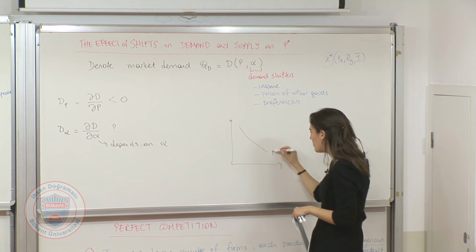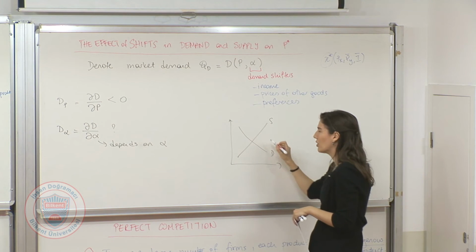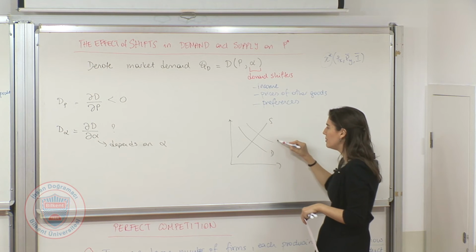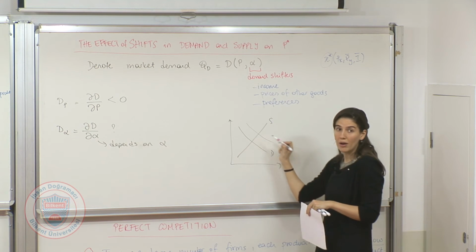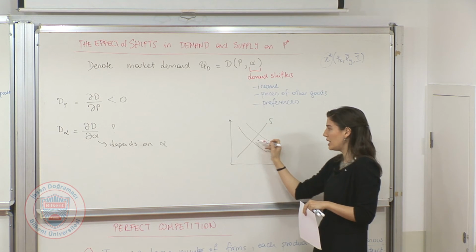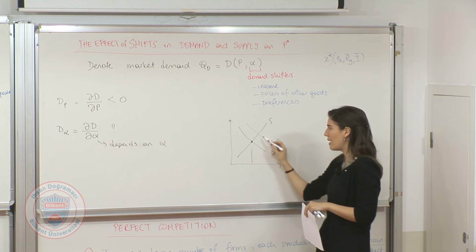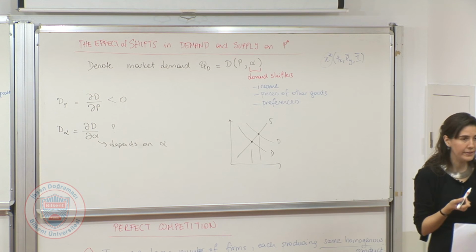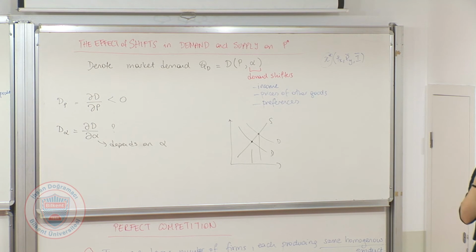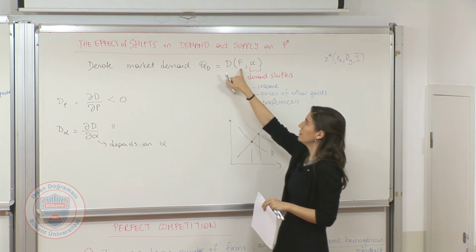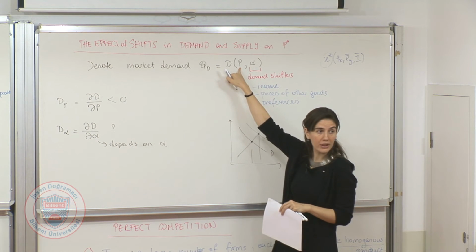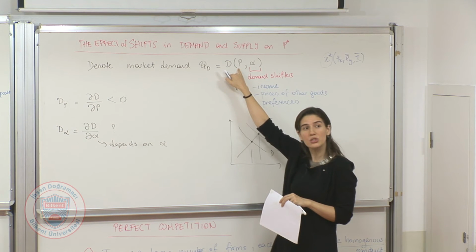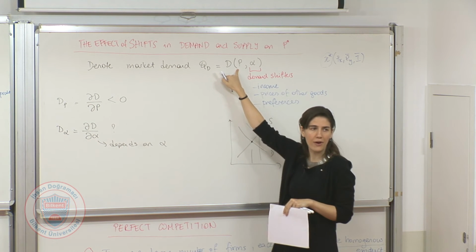This is the demand curve. This is the supply curve. When there's a shift in the demand, it's also going to change the market clearing price. So alpha is going to affect this P as well. So this P is a function of, in a sense, alpha.